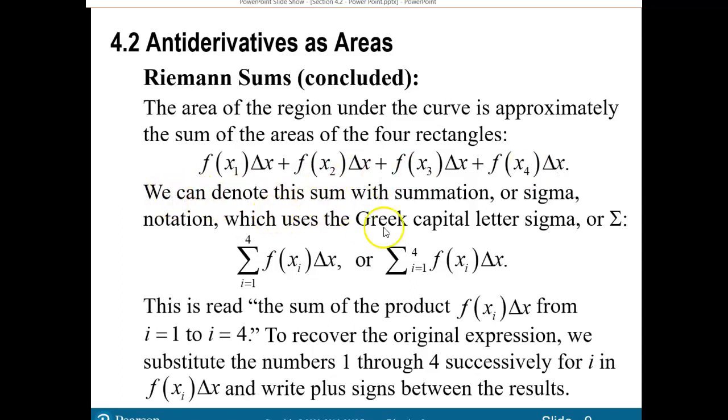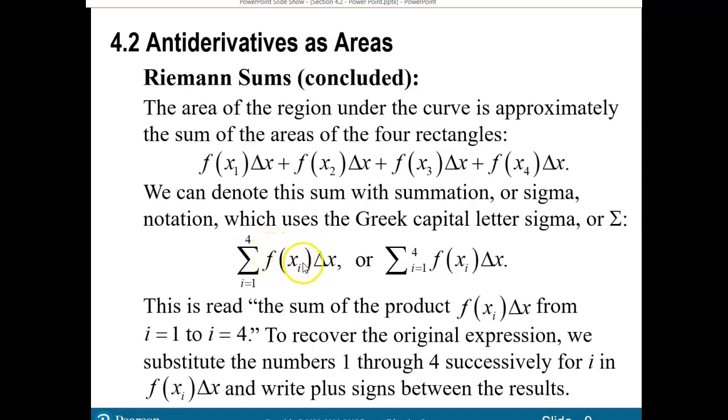So we can denote this sum with what we call summation or sigma notation. It uses the Greek capital letter sigma, which looks like this. This symbol means to sum the values. Our index letter we're going to use is I, from I equals 1 to 4, because we're starting with rectangle number 1, then rectangle number 2, then number 3, then number 4.